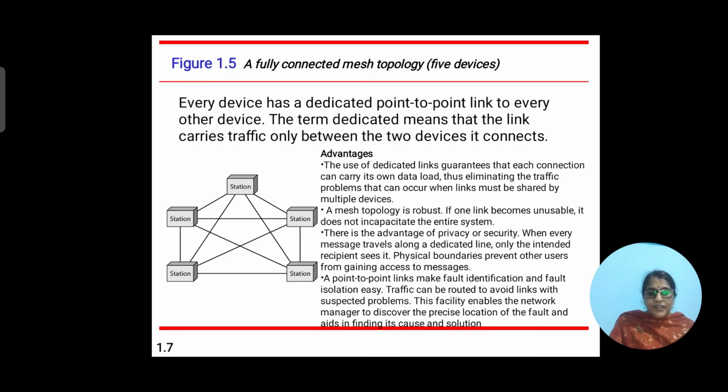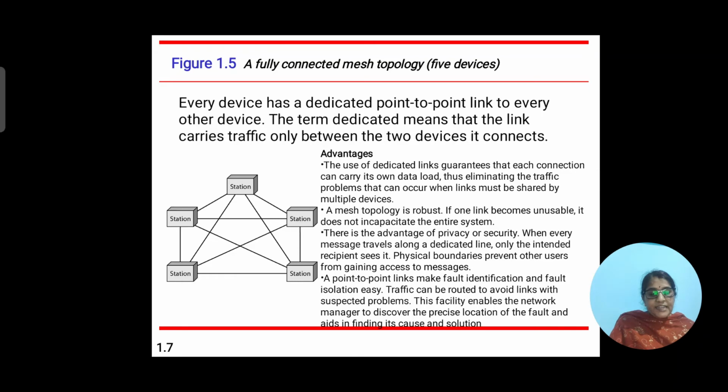Next, there are disadvantages of mesh topology. The disadvantages of mesh are related to the amount of cabling, because every device must be connected to every other device. Installation and reconnection are difficult.